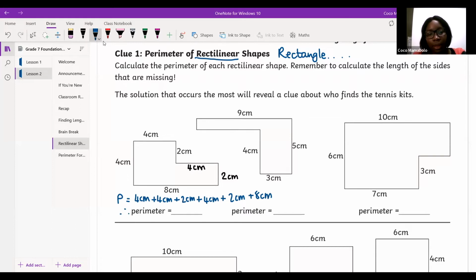Therefore, P is equal to 24 centimeters. All right, okay. Now, I would like someone to unmute for me and tell me how long this green side over here is going to be in order for us to calculate the perimeter of this question.